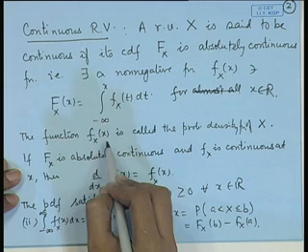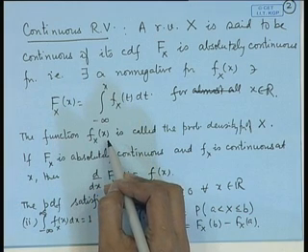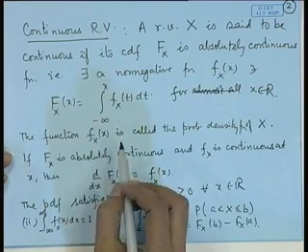One should not be misled into saying that this is the probability that capital X equals small x. In the discrete case, the mass function defines the probability of that point. In the continuous case, it does not. In fact, the probability of every point is 0. So, that is an important observation.